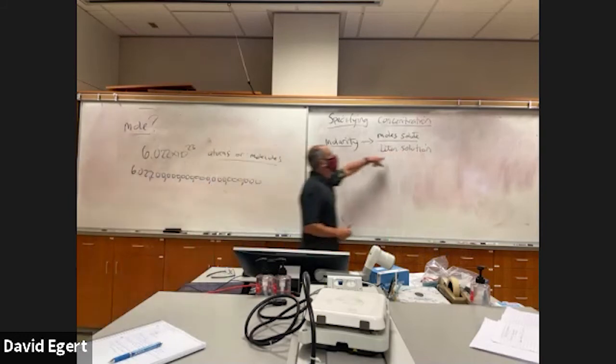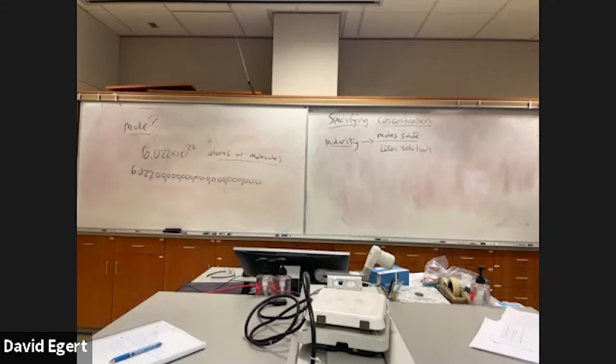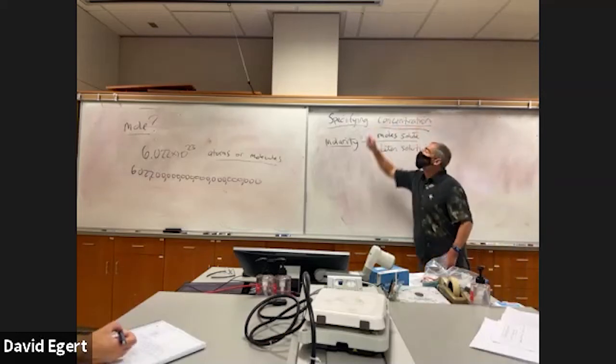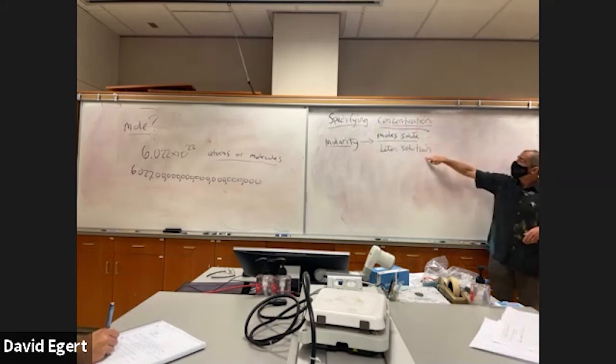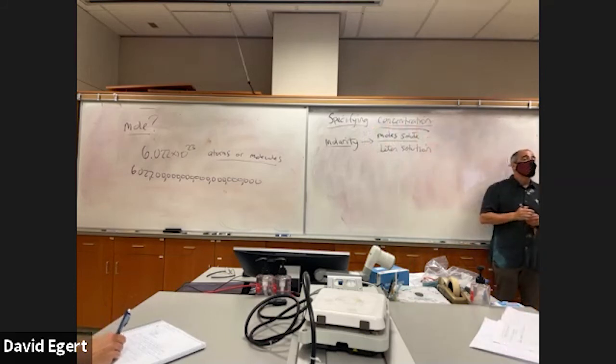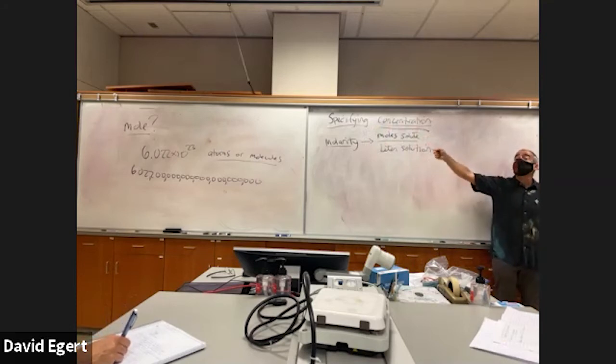So moles of solute per liter of solution is molarity. It's important to remember that it is a concentration, a ratio of solute per amount of solution. The classic example is the ocean, which has a particular concentration of salt.